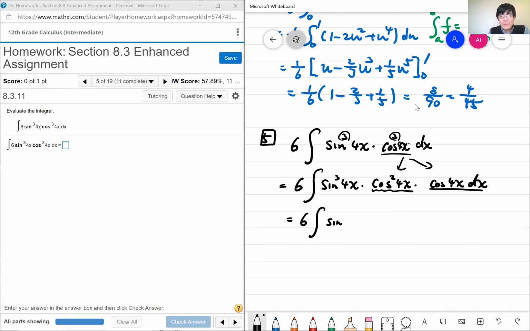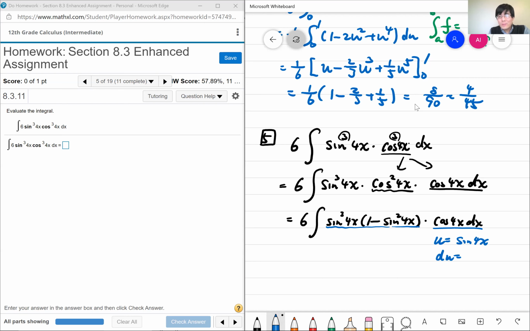So it's going to be sine cubed 4x times 1 minus sine square 4x times cosine 4x dx. So now you have a function in terms of sine 4x and its derivative is here. So let's say u is equal to sine 4x.